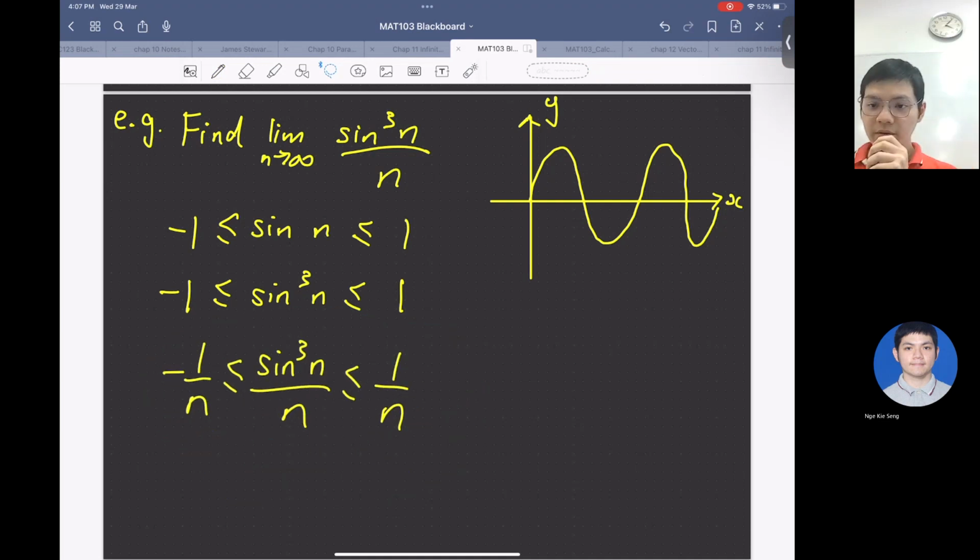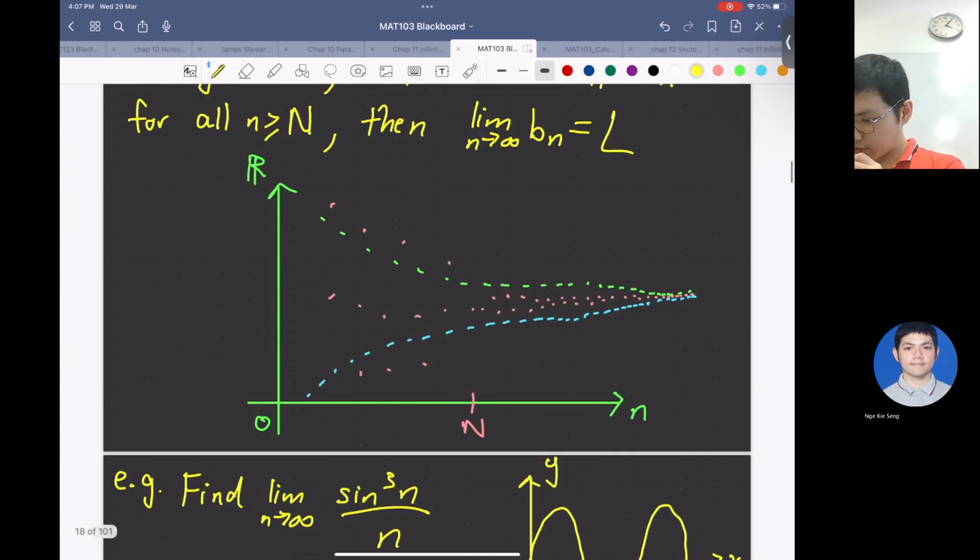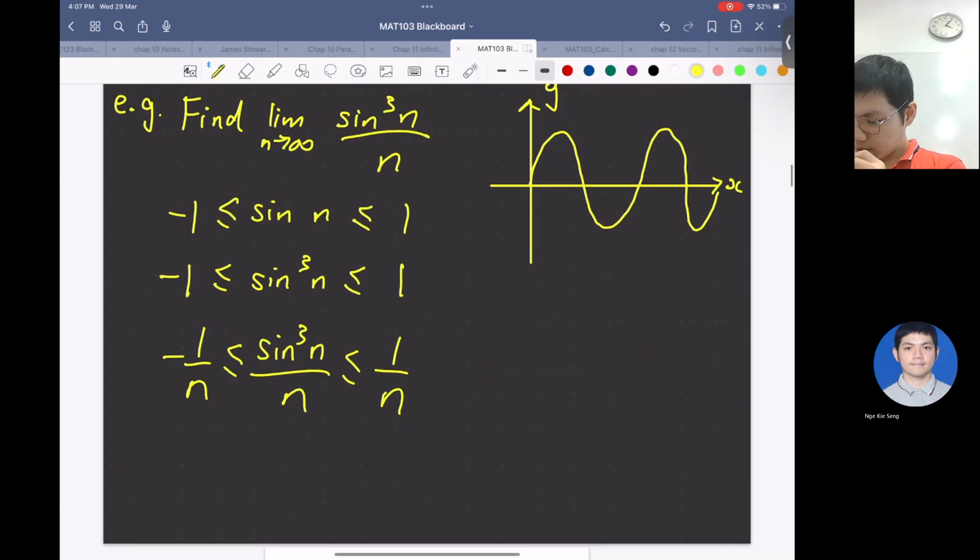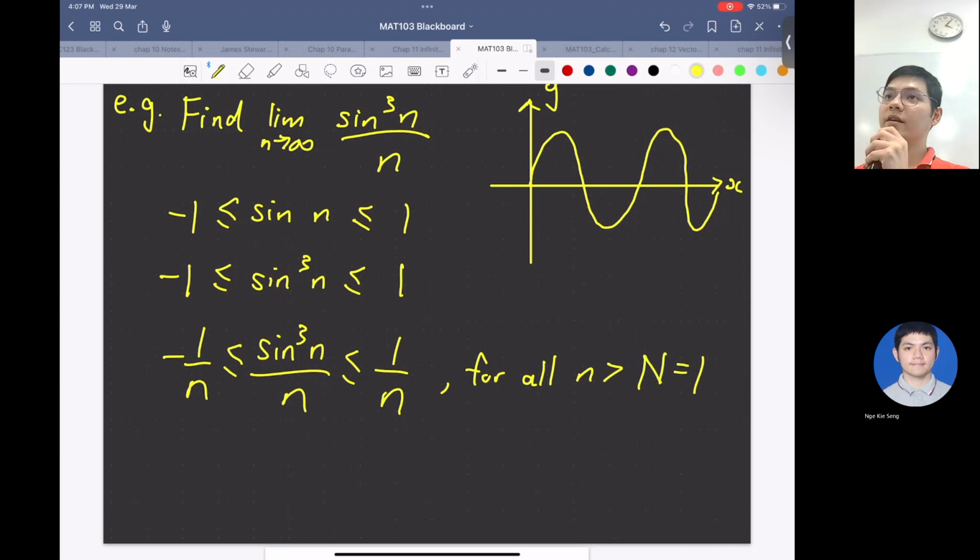So to use squeeze theorem, this is true for n, in particular n greater than or equal to 1.